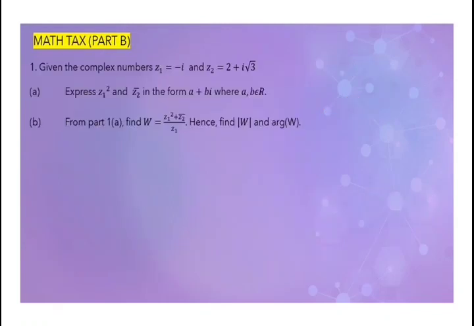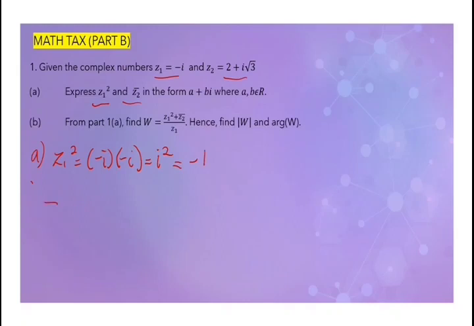Part B number 1, given z1 is equal to negative i and z2 is equal to 2 plus i√3. Question a, express z1 squared and z2 bar in the form a plus bi. z1 squared is negative i times negative i, so we get i squared, and i squared is equal to negative 1.